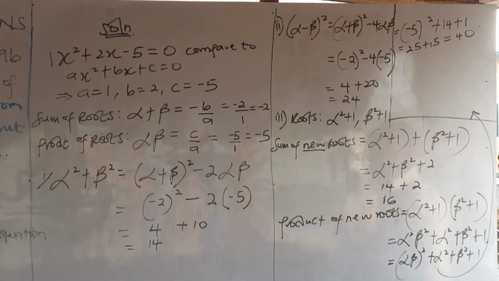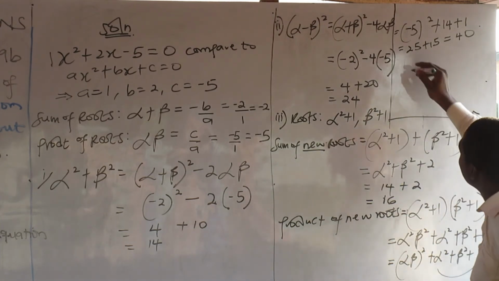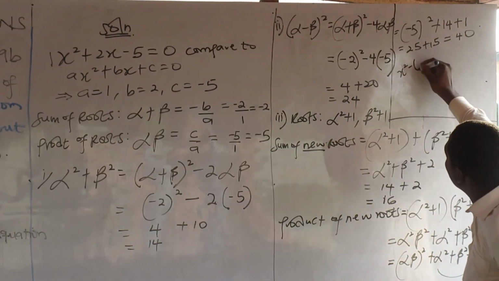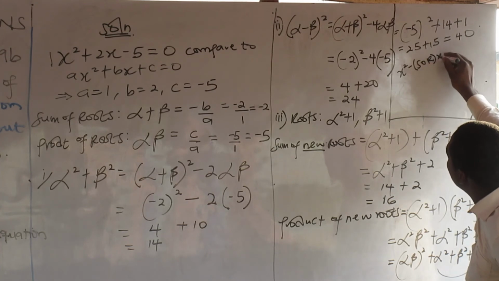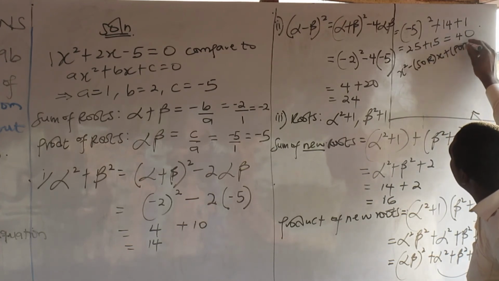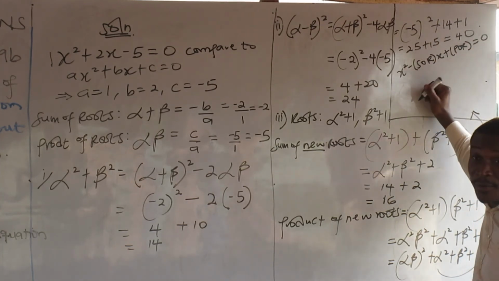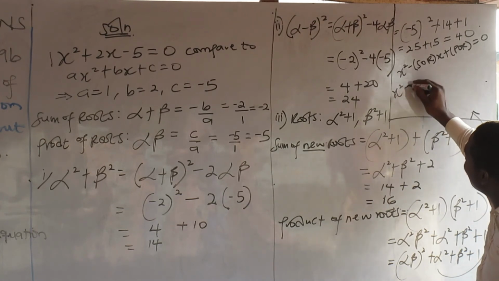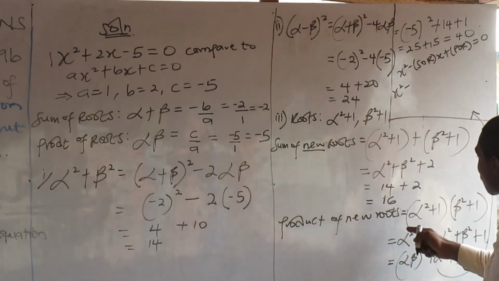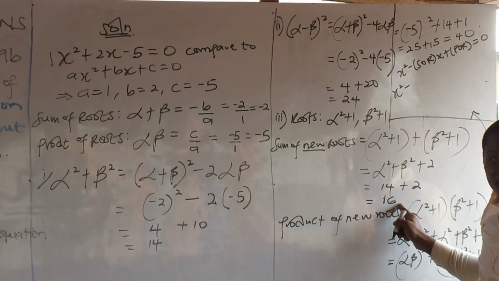Now what are they asking me to do? They are asking me to write an equation. So obtain a quadratic equation whose roots are this, right? So there's my equation. x squared minus sum of roots times x plus product of roots equals what? 0. x squared minus sum of roots, so I'll be using the new roots, okay?